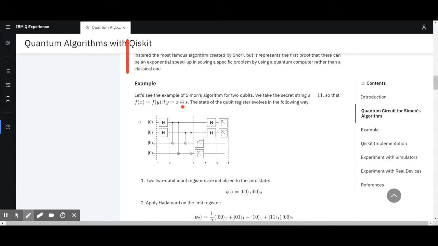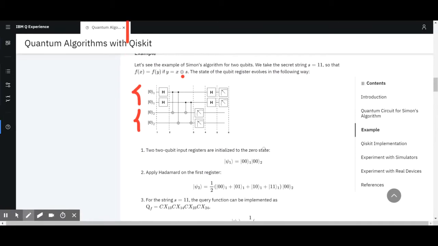So this is 1, and this is another register. So the 2 qubit input registers are initialized to the 0 state. Correct. We apply the Hadamard on the first register, so we obtain that.